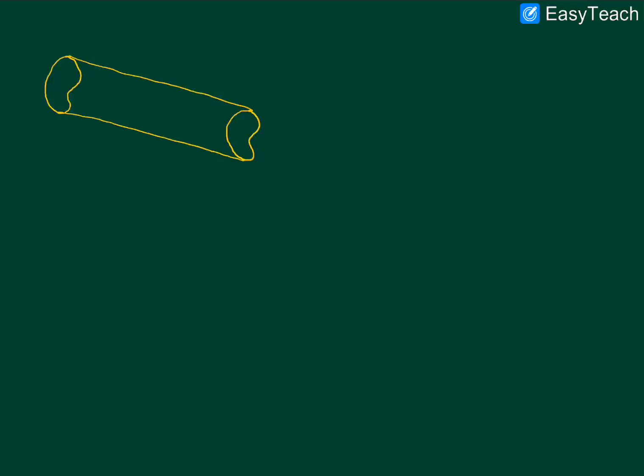Despite what my drawing might indicate, please understand that this is very much a prismatic beam, meaning that whatever the cross section is at this end, the same cross section is maintained all throughout the length of the beam. Please pardon my drawing.